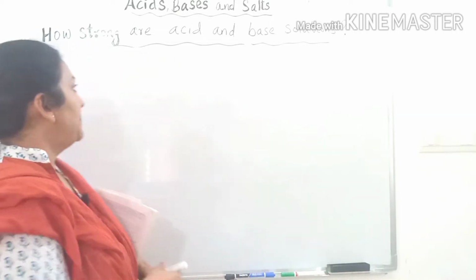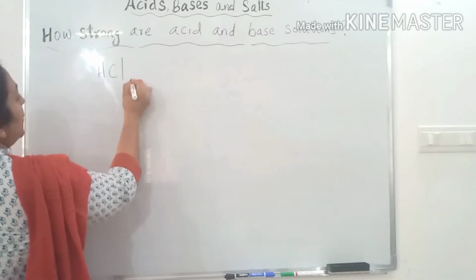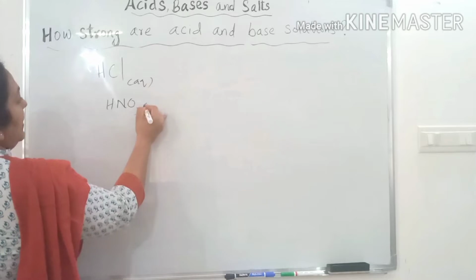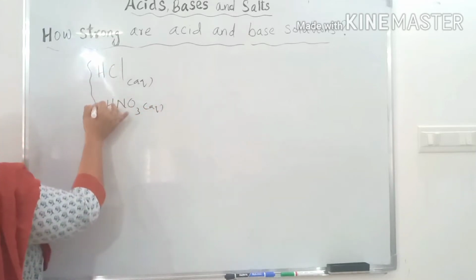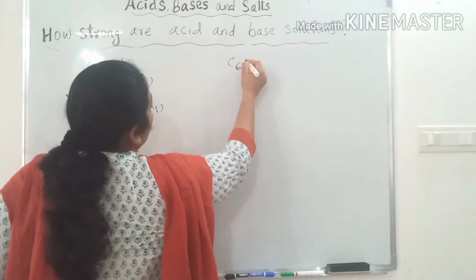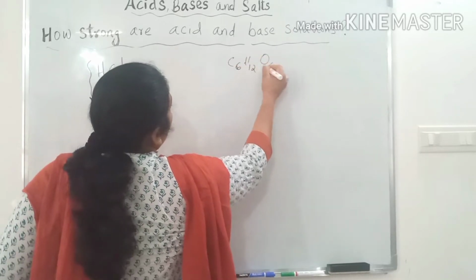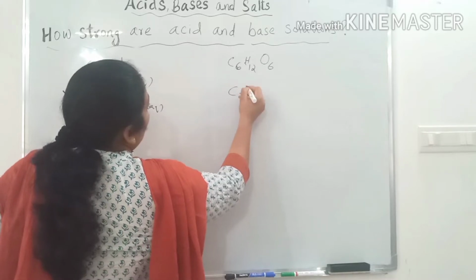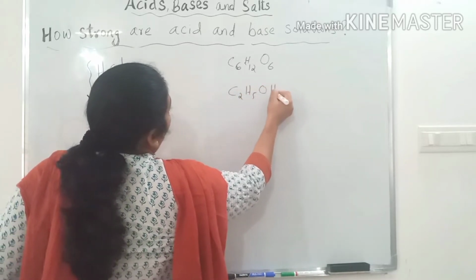Good question. Okay, that is acids, hydrochloric acid, nitric acid, etc. They show acidic behavior while glucose, C6H12O6, okay, and C2H5OH.